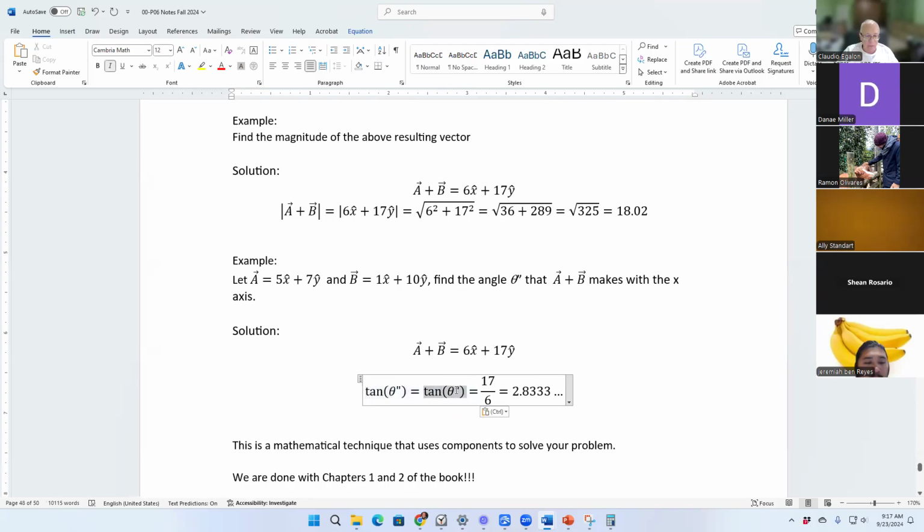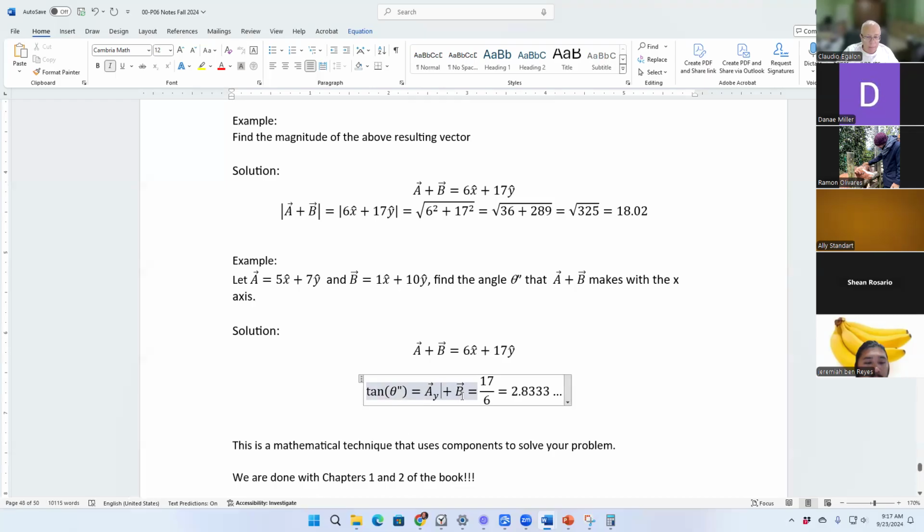Okay, Y component, and I'm going to write it down like that.